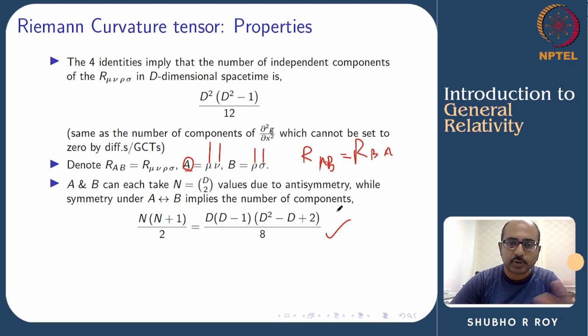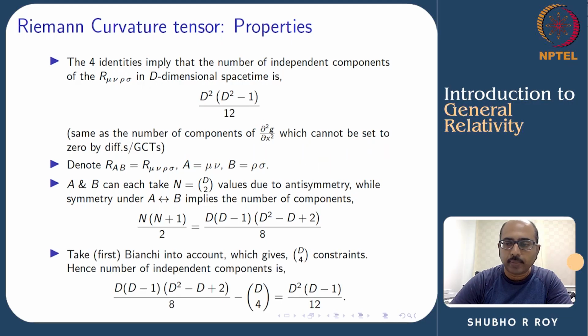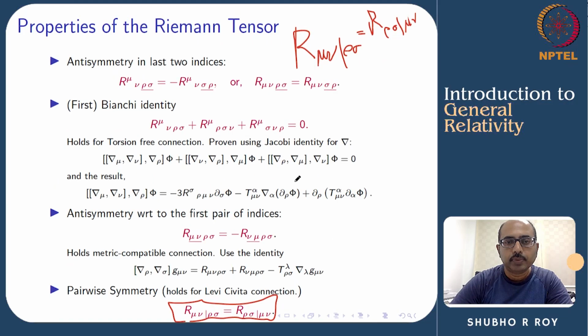But this is not all. We also have the Bianchi identity, right? So the Bianchi identity will give you d choose 4 constraints. Why is that? Well, for the Bianchi identity, you can write it with the lower index as well.